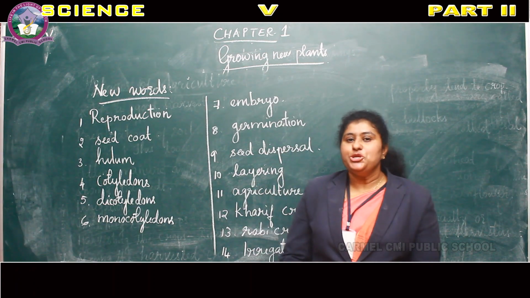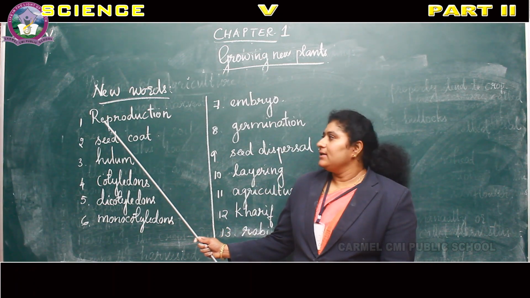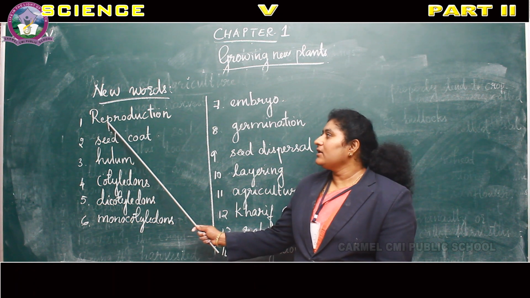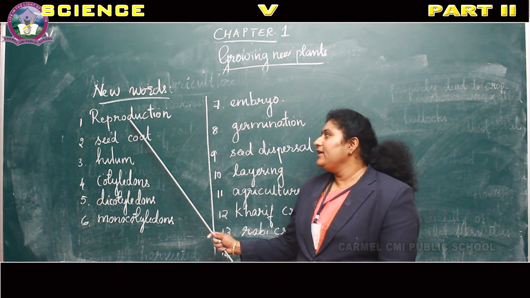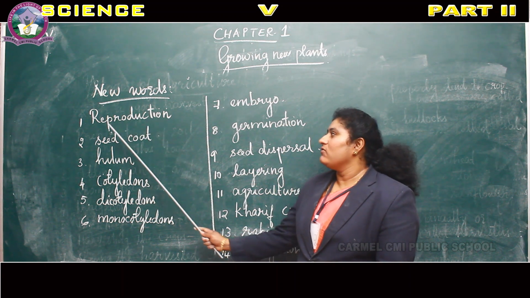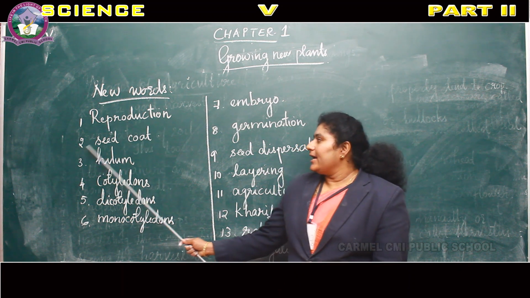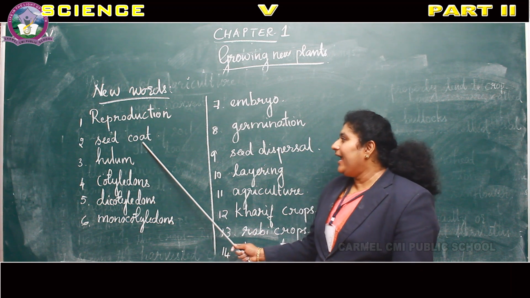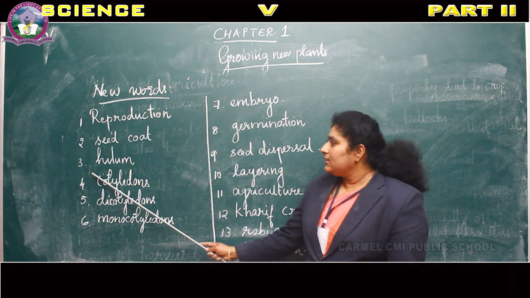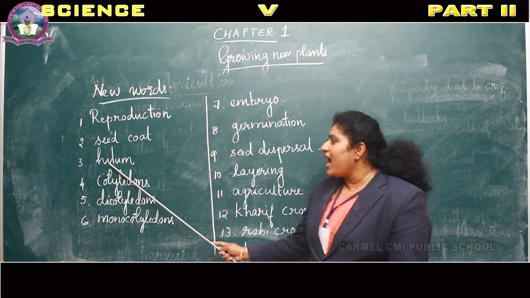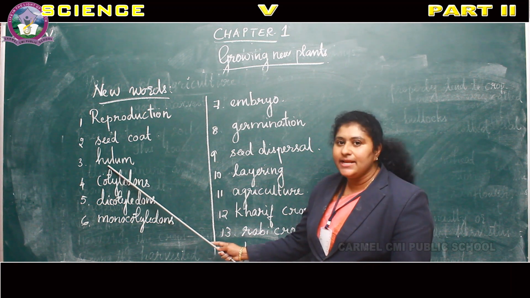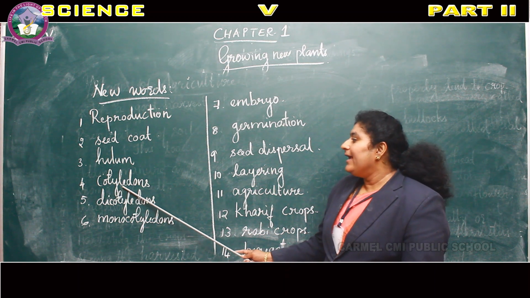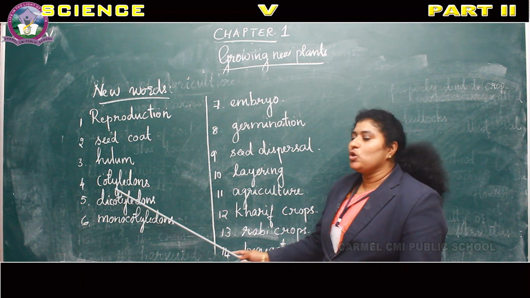Now we can study the new words from this lesson. First one, reproduction: R-E-P-R-O-D-U-C-T-I-O-N. Second, seed coat: S-E-E-D C-O-A-T. Hilum: H-I-L-U-M. Cotyledon: C-O-T-Y-L-E-D-O-N-S.